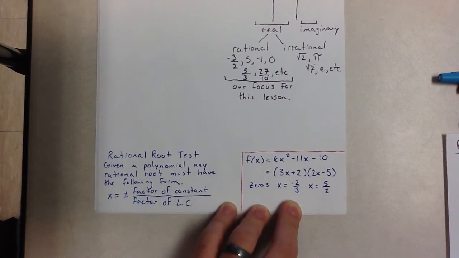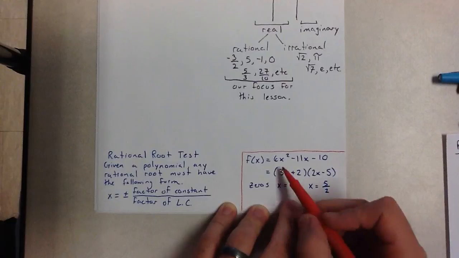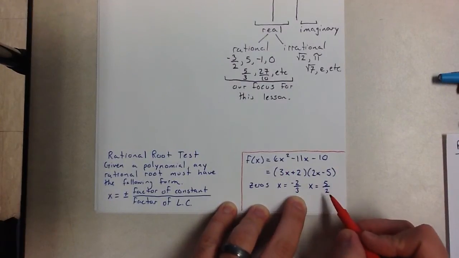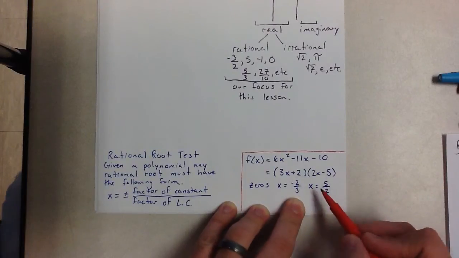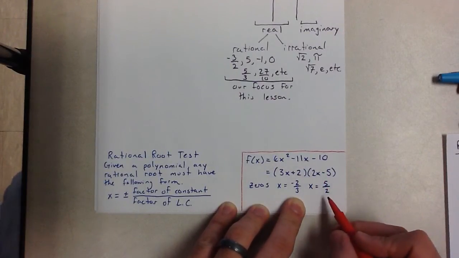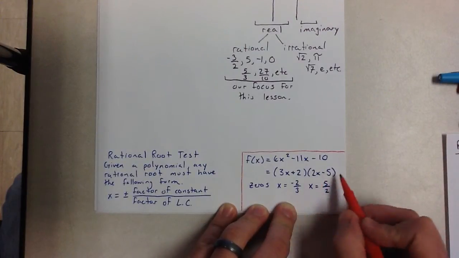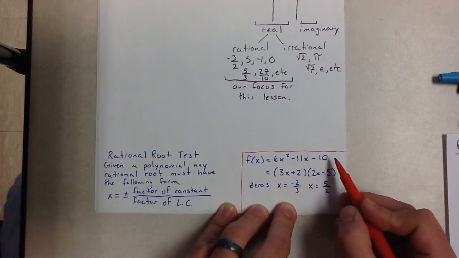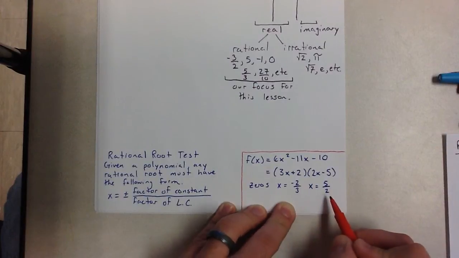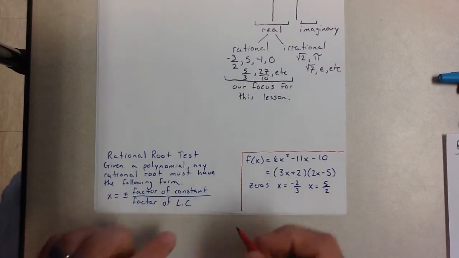So then our denominator, factors of the leading coefficient. So here's 6. So we see 2 and 3, and I would again think that 2 and 3 are in fact factors of 6. So this is just one example of how our numerators must be factors of the constant, and our denominators must be factors of the leading coefficient.